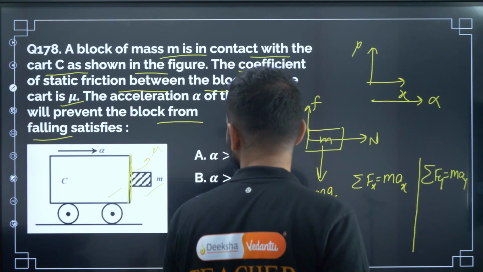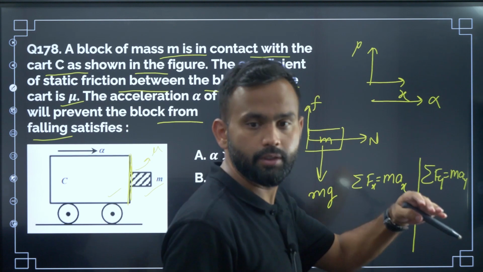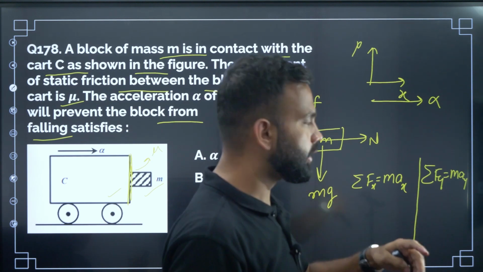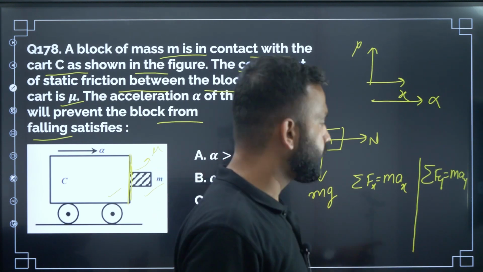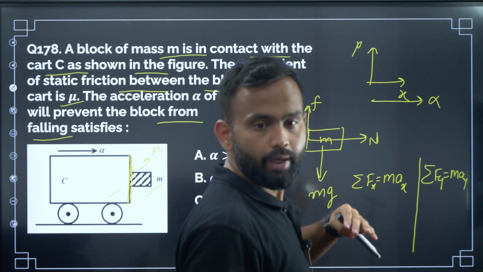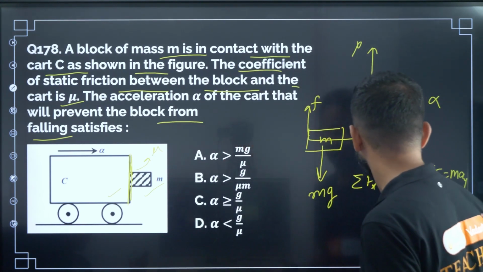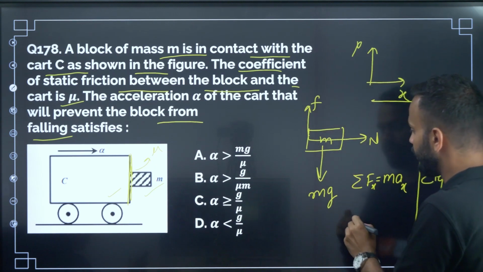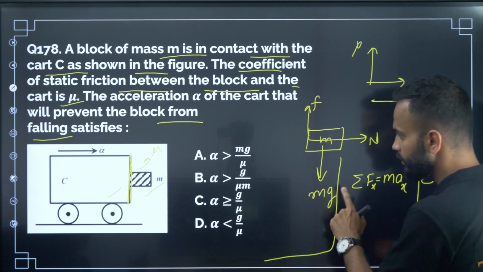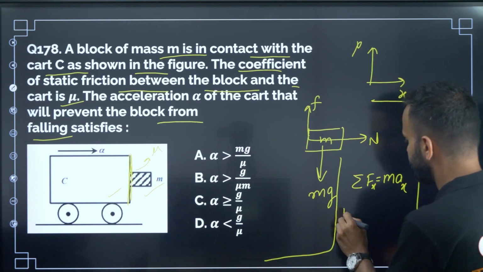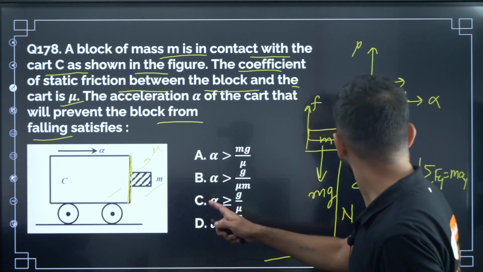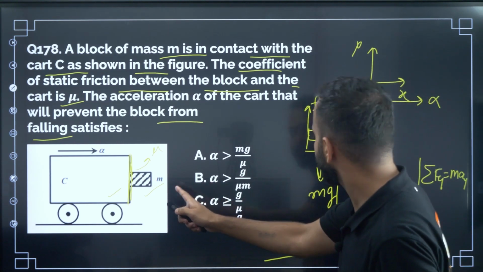So what is the summation of Fx? That is all the horizontal forces acting on this block, which is equal to m into the acceleration of the block along the horizontal direction, that is alpha, right? So summation of Fx is here N, right? Is there any other force along the horizontal direction here?